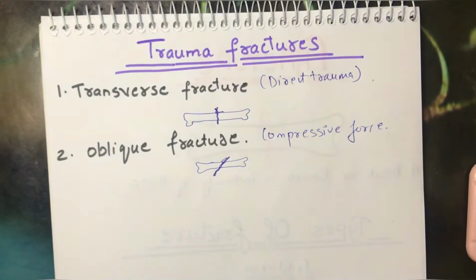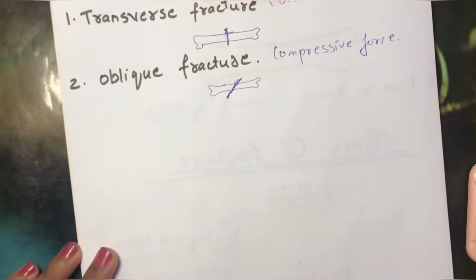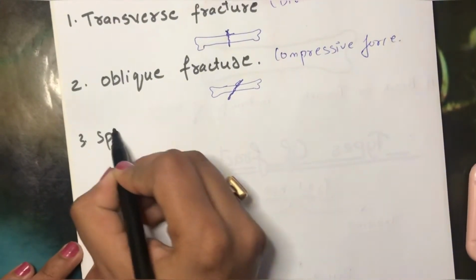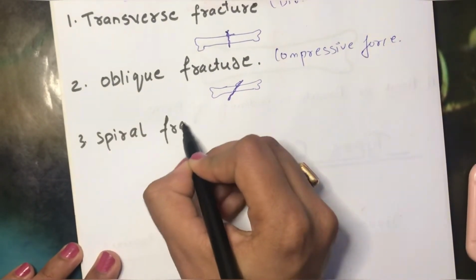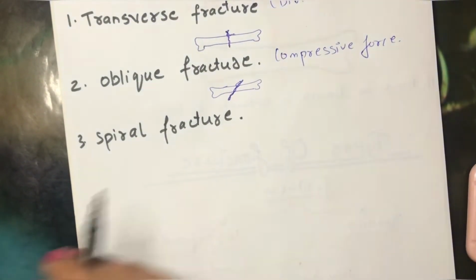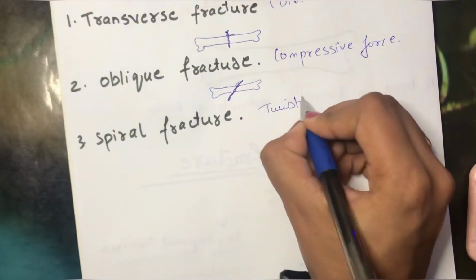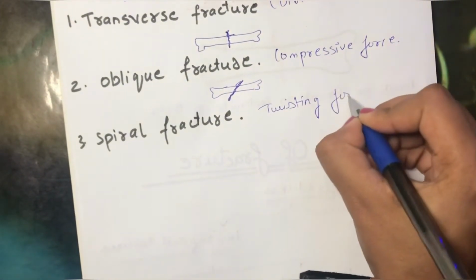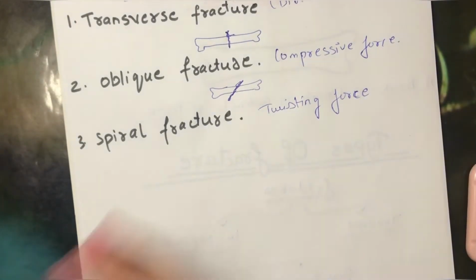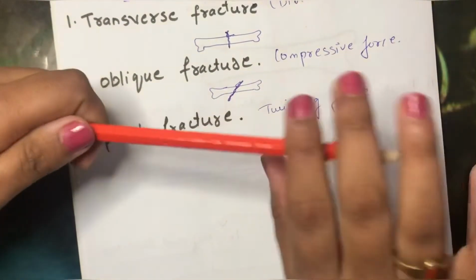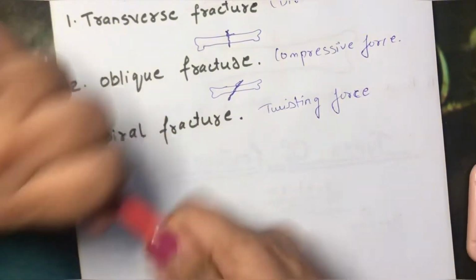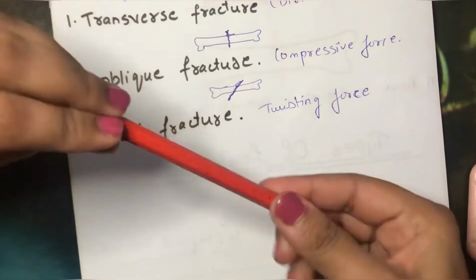And then the third type of fracture we have is the spiral fracture. A spiral fracture is caused by a twisting force. For example, this is the bone and the fracture is caused by some kind of twisting movement.